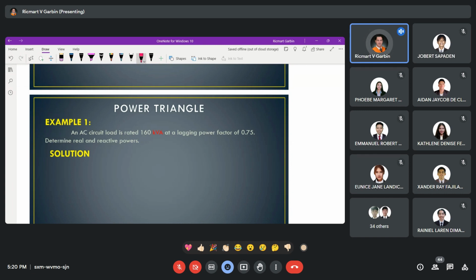Para ma-solve natin yan, ang unang-unang titingnan mo ay yung power factor niya. Sabi, lagging power factor daw. Kung lagging power factor yan, kung i-drawing natin siya, saan ang gawi niya? Pataas o pababa ng triangle natin?